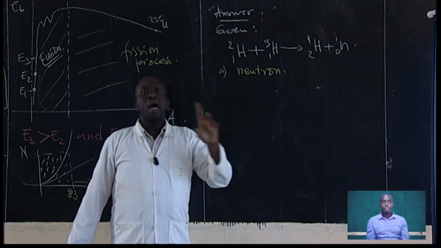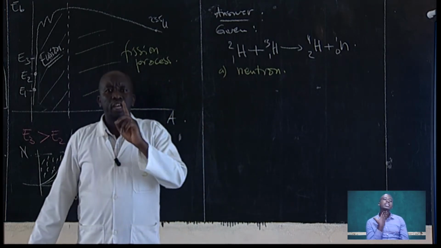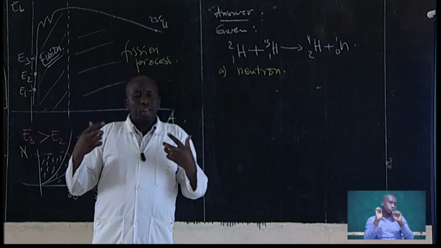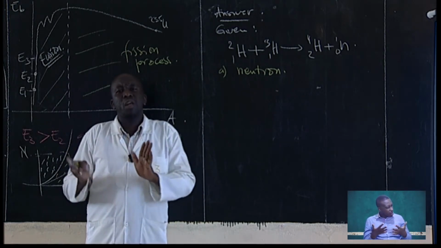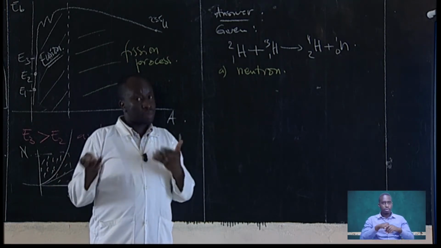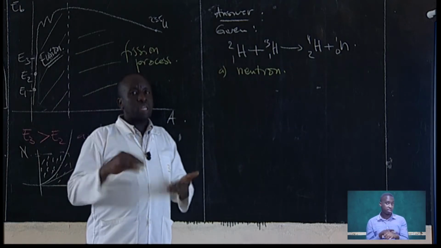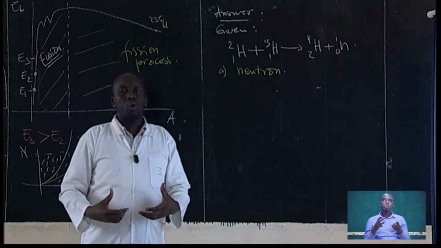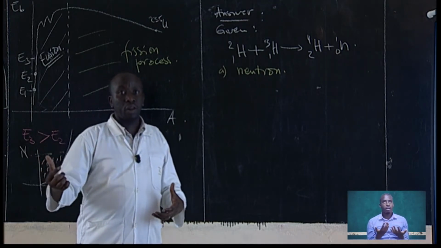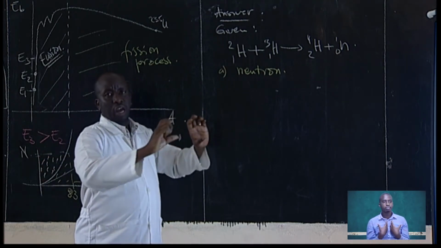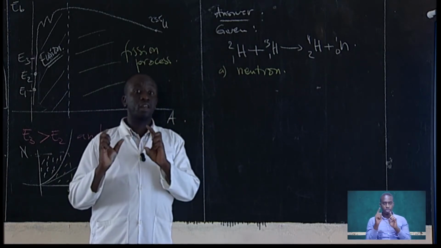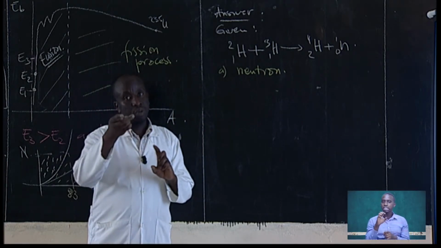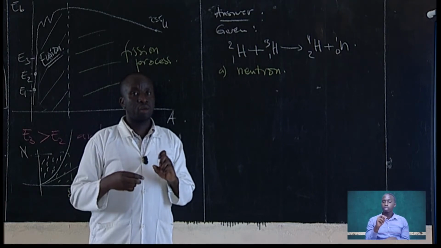In other words, I want you to be able to understand how another question may come in a different way. Sometimes you are given the question and you are going to identify the equation with the particles that are being asked.